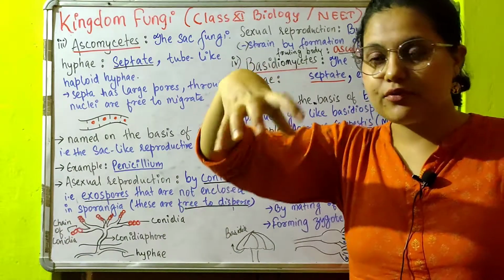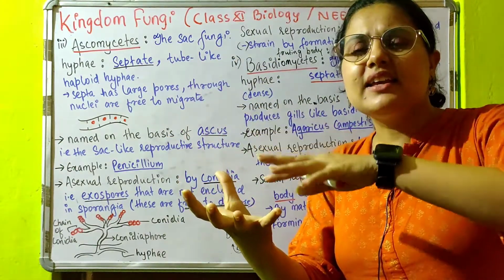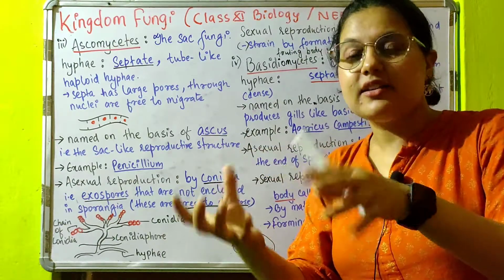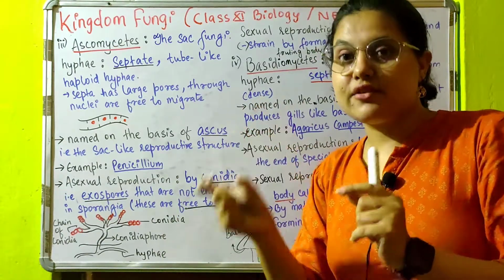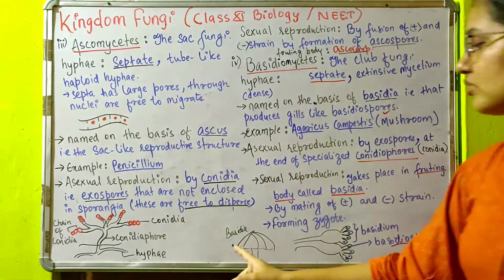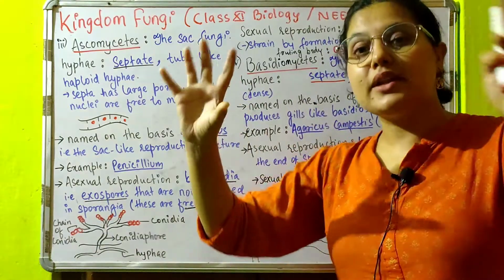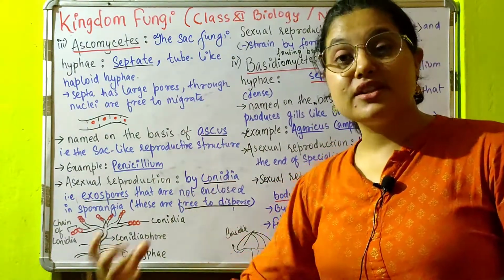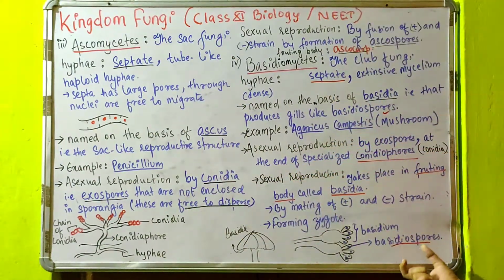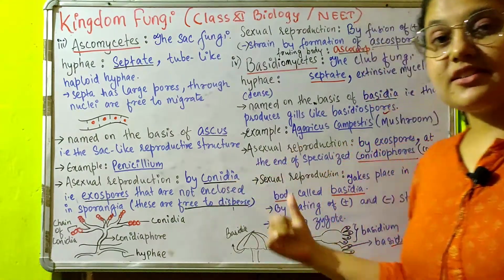If we turn the mushroom upside down, we see numerous gill-like structures, similar to the gills in fishes. Those gill-like structures are basidia. Each basidia contains so many basidium, and each basidium contains so many basidiospores. An example is Agaricus campestris, that is the mushroom.